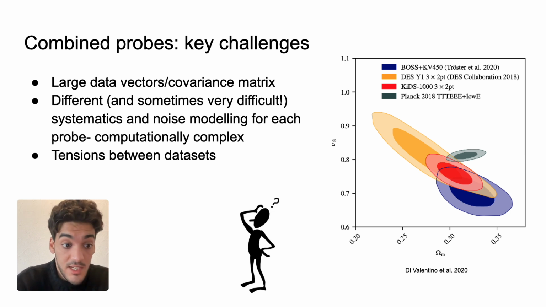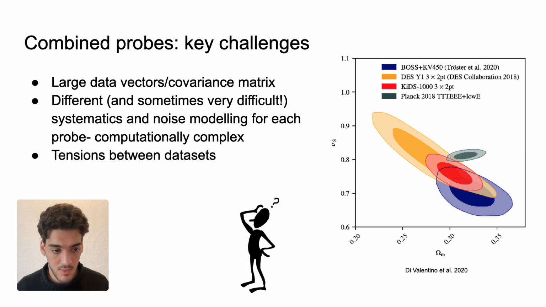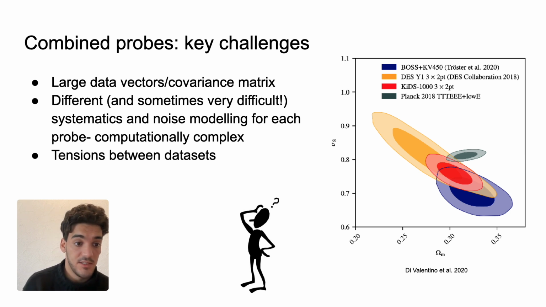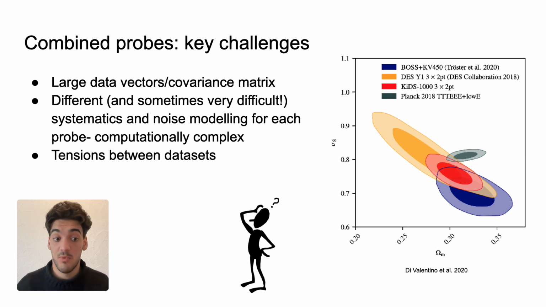In particular, your data vector size grows rapidly and your covariance matrix size grows rapidly, and this can lead to numerical issues related to the instability of inverting that large covariance matrix. And each of the different probes will have their own idiosyncratic modeling, so they'll each come with their own set of nuisance parameters, and this can blow up your parameter space and increasingly complexify your modeling of all of these different probes in a joint analysis.